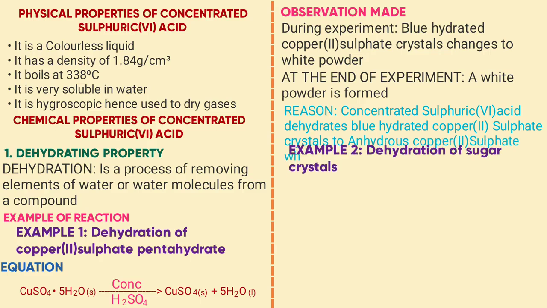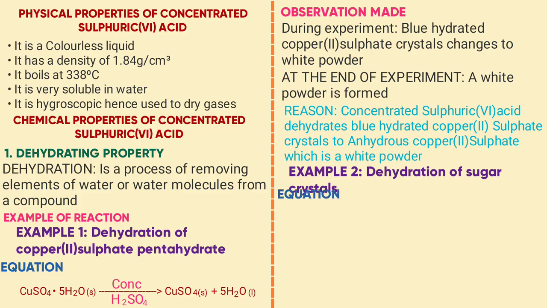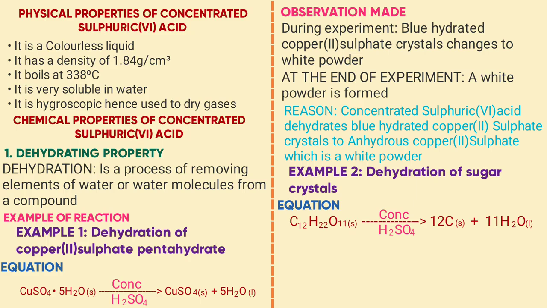Example 2, sugar crystals. Equation: sugar, C12H22O11 solid, arrow, concentrated sulfuric acid, gives you 12 carbon plus 11 water.